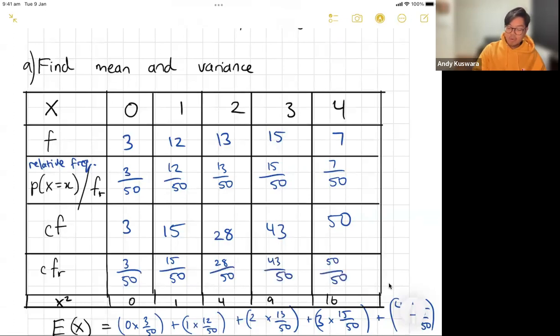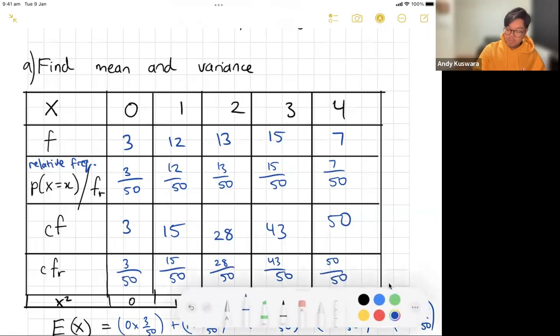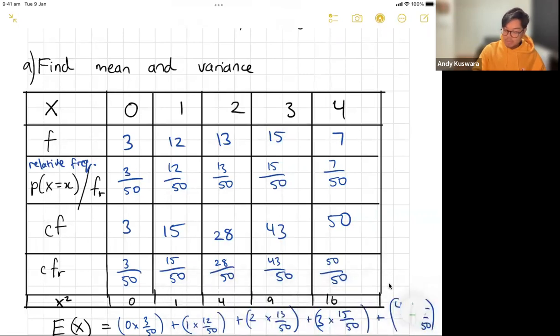Now, your relative frequencies should always add up to 1, because the probability of an event should always add up to 1. And same thing for the frequencies: these should equal your total amount of rolls. Okay, so there's that.